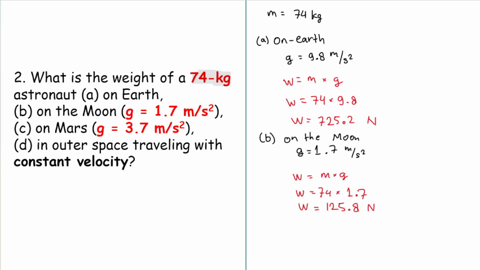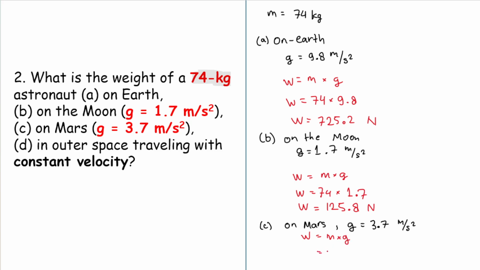Now let's do question C, but this time on Mars. We are given that the gravity there is 3.7 meters per second squared. Now again we can play the same game. The astronaut weight will be the mass times gravity.